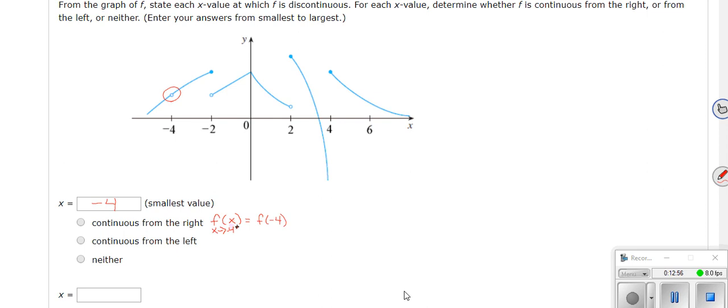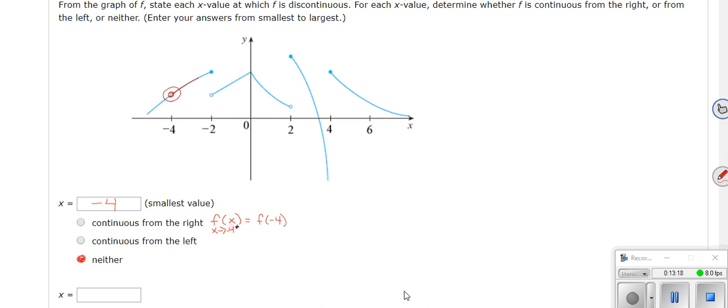Does it? As we're getting closer and closer from the right, does the limit of that function equal the value of the function at -4? Well, here's the trick. There is no value of the function at -4. So neither one of these is going to work. It's going to be neither.